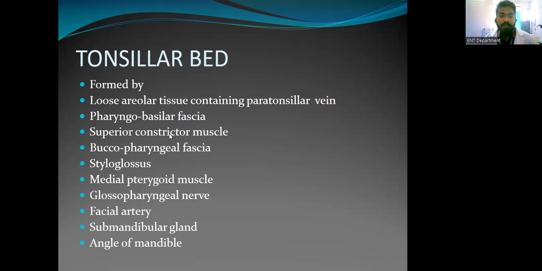Then you have the pharyngobasilar fascia, the superior constrictor muscle, the buccopharyngeal fascia, the styloglossus muscle, the medial pterygoid muscle, the glossopharyngeal nerve, and then the facial artery, the submandibular gland, and the angle of the mandible. These are the structures which form the tonsillar bed.